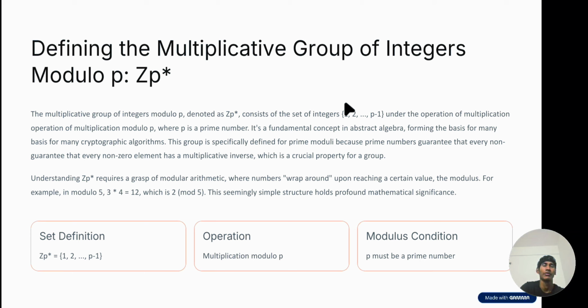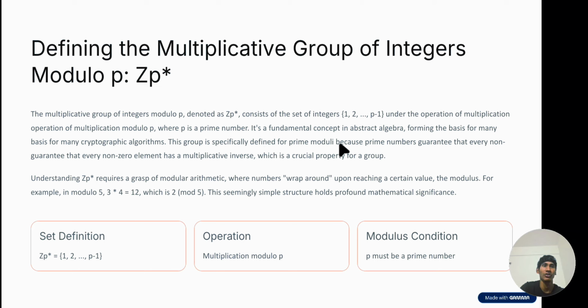Defining the multiplicative group of integers modulo p. The multiplicative group of integers modulo p, denoted as Zp, consists of the set of integers 1 to p minus 1 under the operation of multiplication modulo p, where p is a prime number.